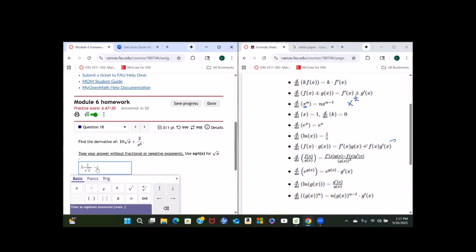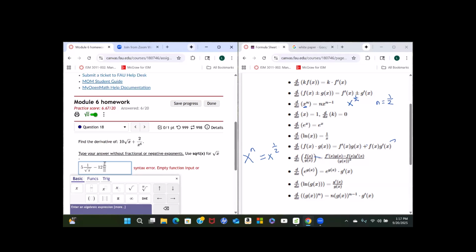What's n? n equals 1/2. It's the exponent. If I say x to the n equals x to the 1/2, what does n equal? Oh, n equals the exponent.